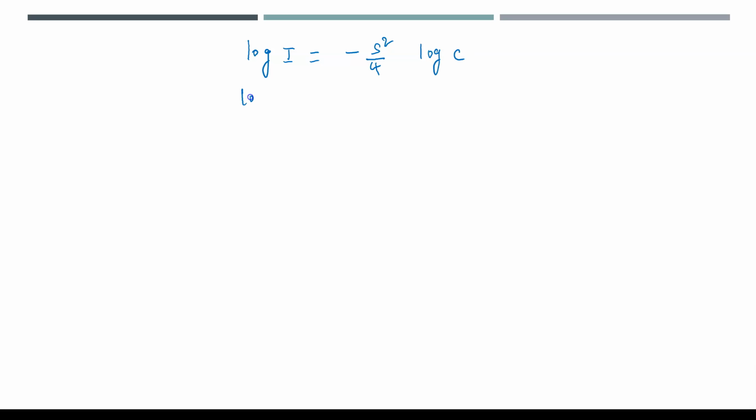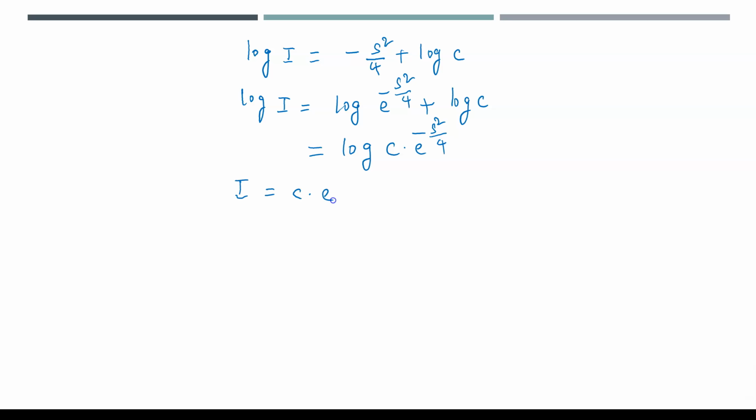Now we can write it as log I equals log of e^(-s²/4) plus log c. Since log a plus log b equals log ab, you can write it as log of c times e^(-s²/4). So I equals c times e^(-s²/4).